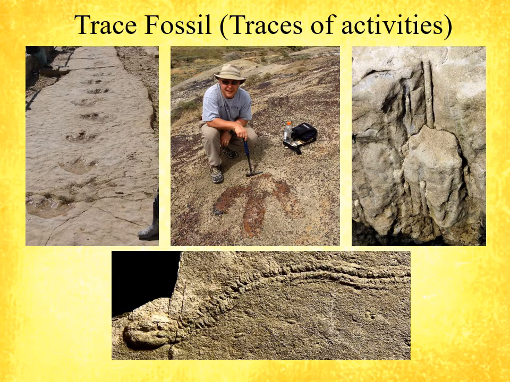Now these are trace fossils. Here the original organism is not preserved, but their activities are found preserved in the rock records, such as the dinosaur footprints. You can see that a dinosaur walked over this sedimentary rock, and all the footprints are preserved here.